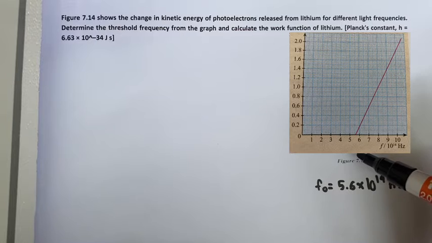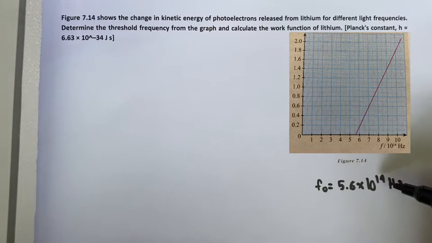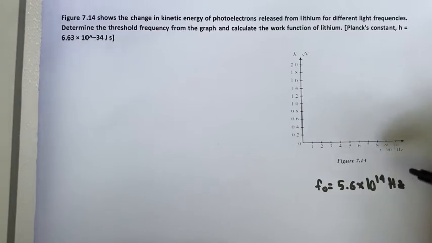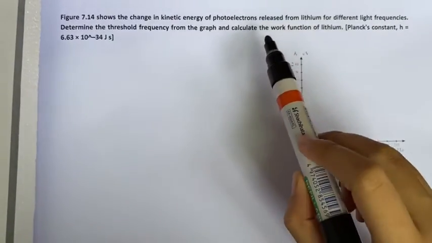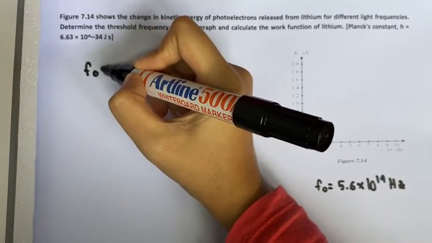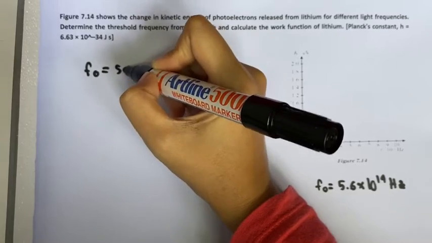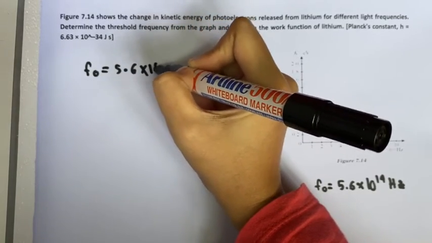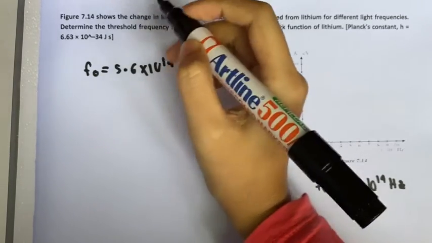So we get the threshold frequency is 5.6 times 10 power of 14 Hz. Settled for the threshold frequency, we state 5.6 times 10 power of 14 Hz.